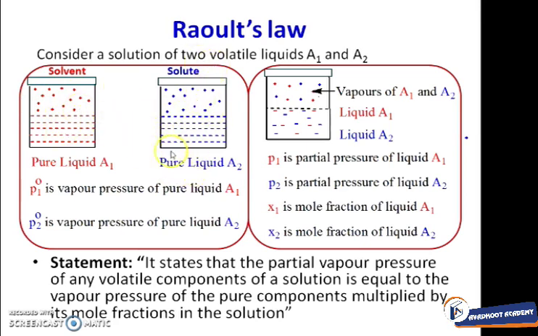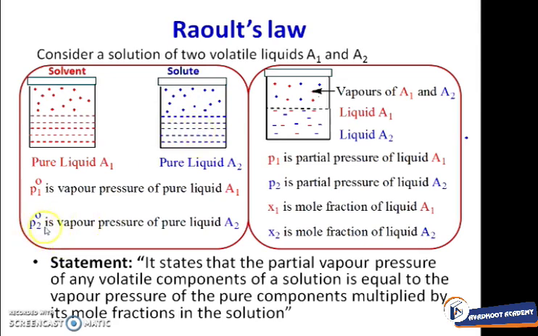Similarly, for another liquid, A2, which is also a volatile liquid, when it is kept in another container of the same volume, at dynamic equilibrium, vapor molecules of this liquid exert pressure on the surface, that is the vapor pressure of pure liquid A2.